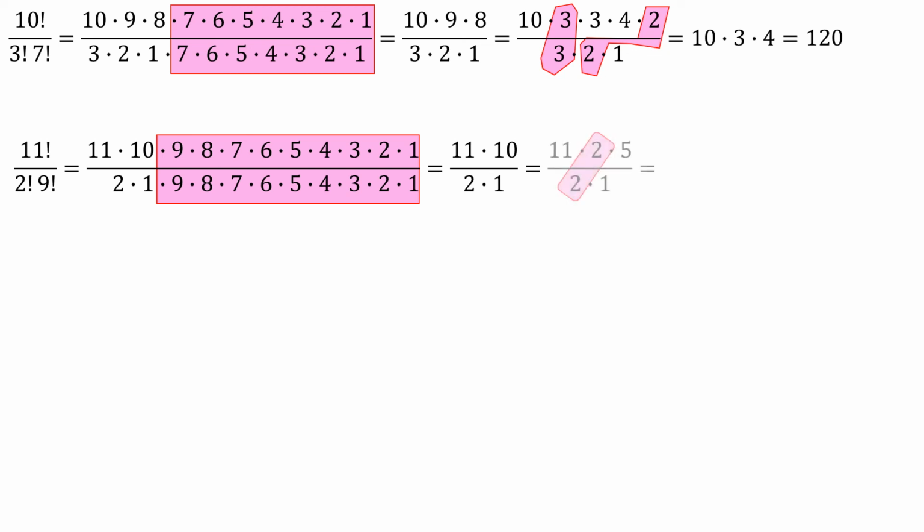And 10, of course, is 5 times 2. And, of course, the 2's cancel out. Leaves me just 11 times 5, which is 55. Right, so that's what we're practicing today. We're just going to practice finding the answer to factorials.